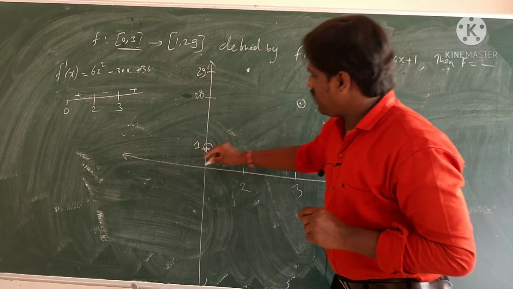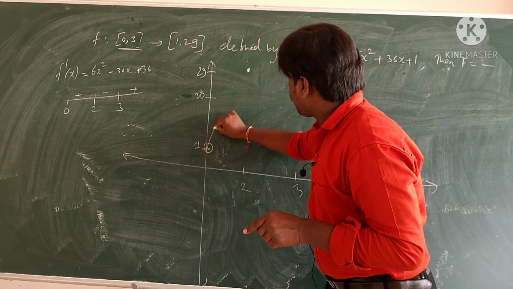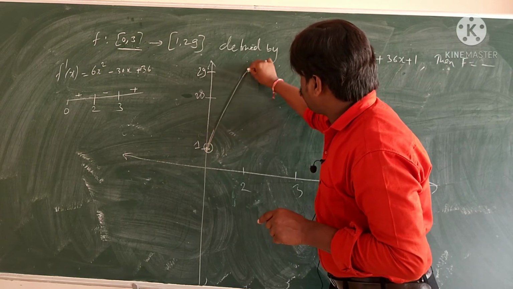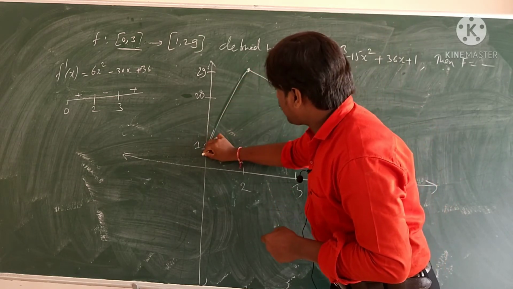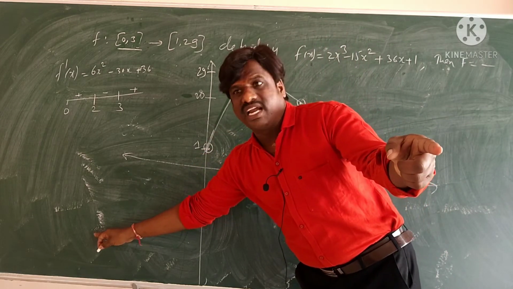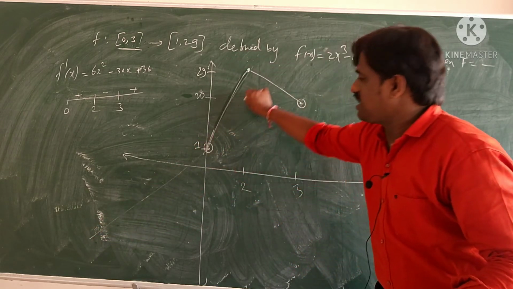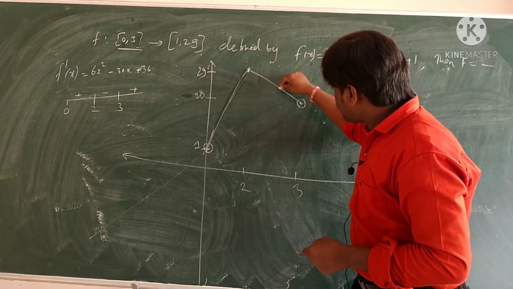So what happened here? The function was coming here like this, but I need it from 1. At 2 it goes up and comes down. That's why it is increasing in this interval: minus infinity to 2 it was increasing, it reached 2, and from 2 to 3 it was decreasing.